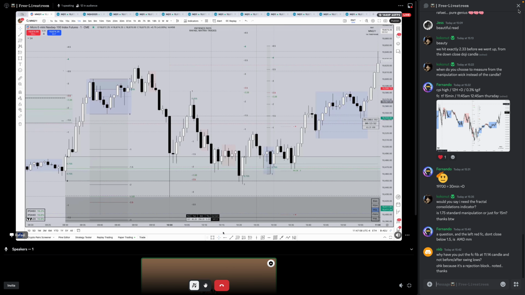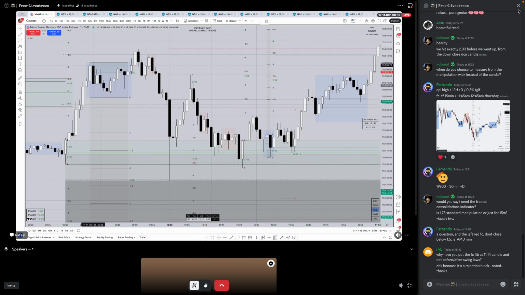We never closed below 2.5. That's reverse, just this rejection block. And because this candle was the news candle, so this wick is too big, I don't use it. But if it was a regular candle, it would be something like this.